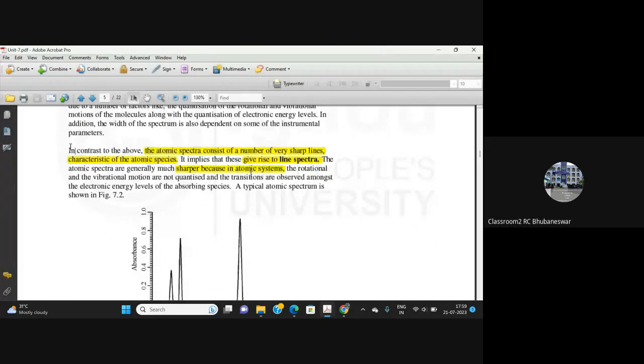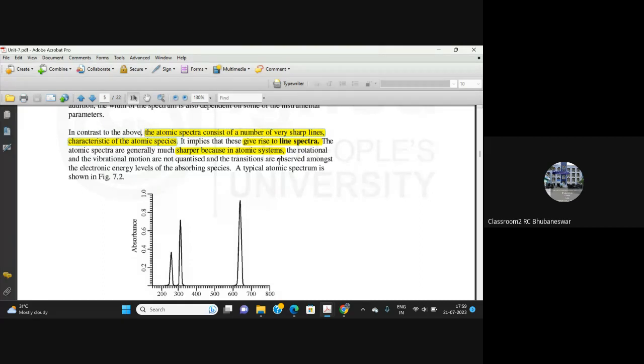In contrast to molecular spectroscopy, the atomic spectra consist of a number of very sharp lines. It consists of sharp lines. Okay, this is the characteristic of the atomic species. We get a sharp line in the spectroscopy. It implies that these give rise to line spectra.